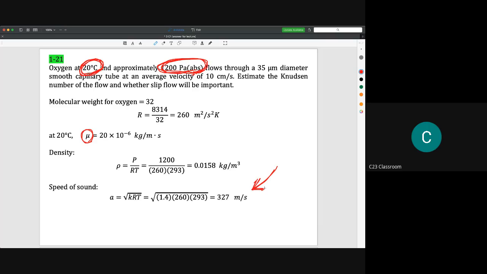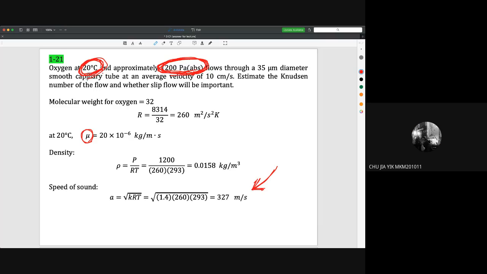I just want to mention that in reality, in research, the speed of sound varies according to the type of gas. So if you want a very precise answer, yes, you need to get properties for this certain pressure and this temperature.